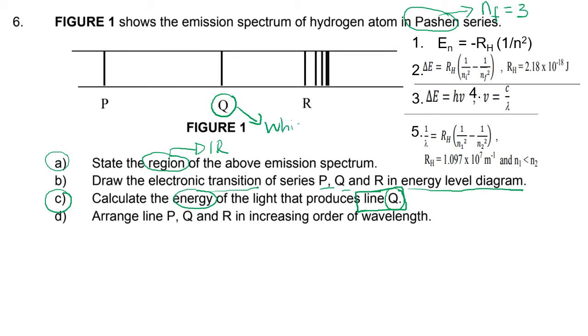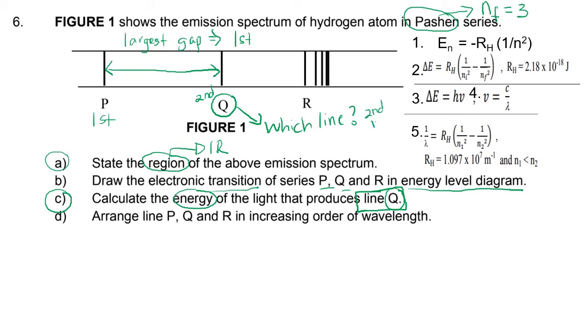Okay, we need to identify. In the previous question we mentioned that the largest gap will be considered the first line. So that means P is the first line while Q is the second line.